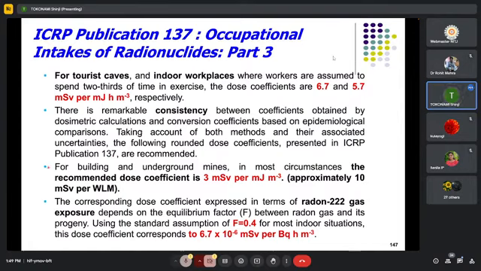For buildings and underground mines, in most circumstances, the recommended dose coefficient is 3 millisievert per mJ h per cubic meter, approximately 10 millisievert per working level month.